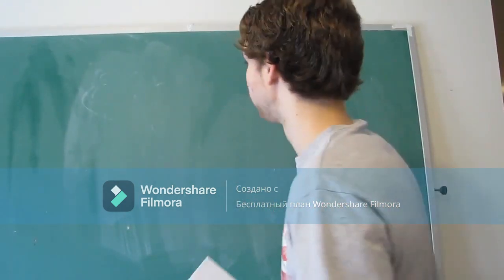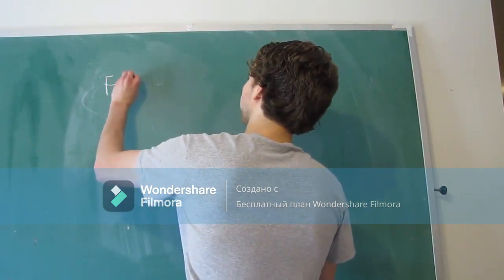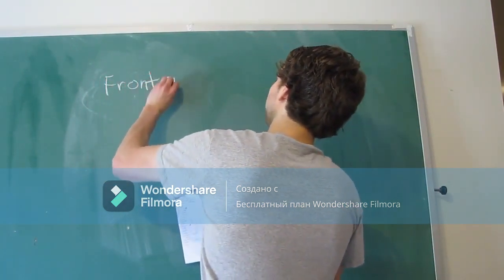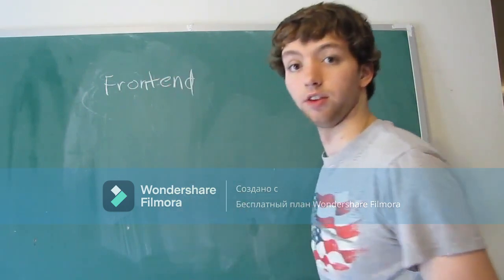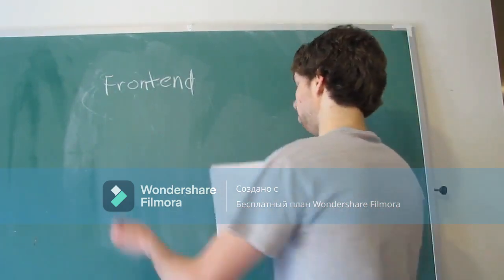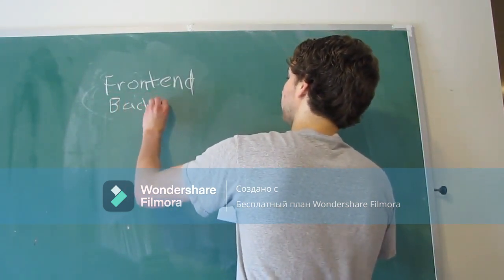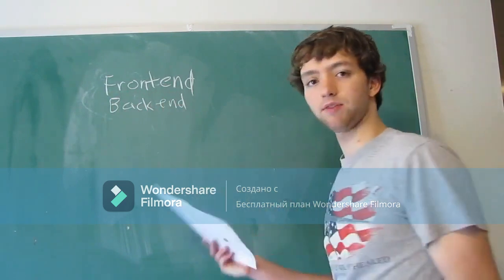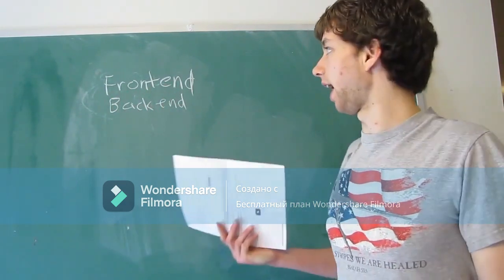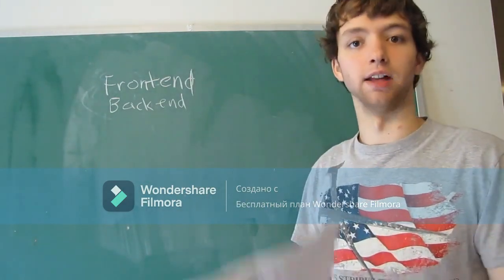Alright. Presentation. So the very first thing is we have the front end of an application. The front end is what the user sees. The back end is what's going on behind the scenes. When we have a website, we don't just have what the website looks like. We have code that gives us that look.